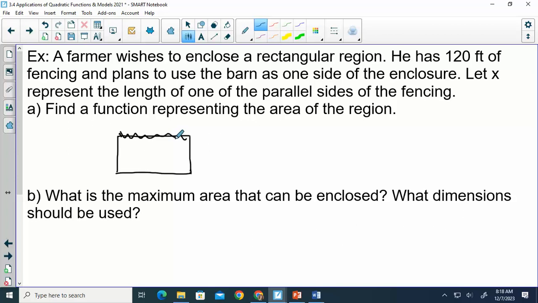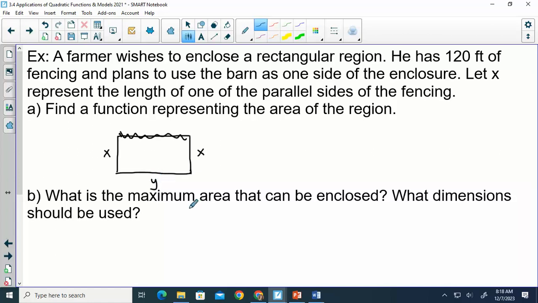What would the 120 represent? Right. All right, so we need to label these with something because I didn't tell you what each side length is. So if I called this one X, we know in a rectangle opposite sides are the same. What would I have to call this one? Something else.